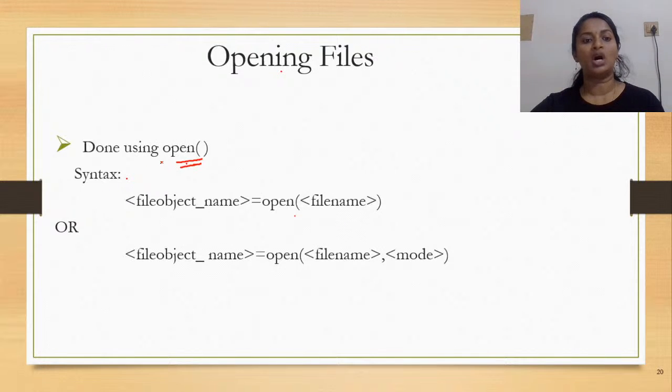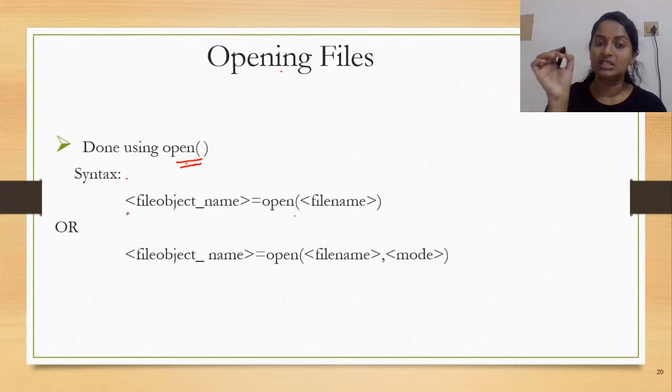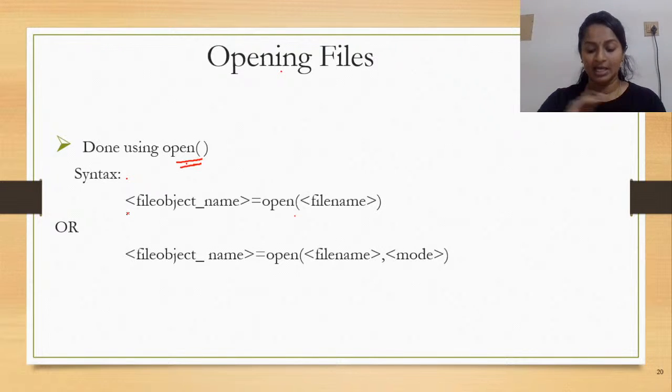Whenever you are learning a syntax and you see things written between angle brackets, this is a place where the user has to write something. And whenever some things are enclosed between square brackets, what does it indicate? Square brackets are optional.